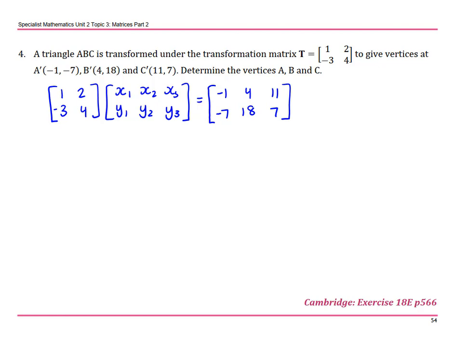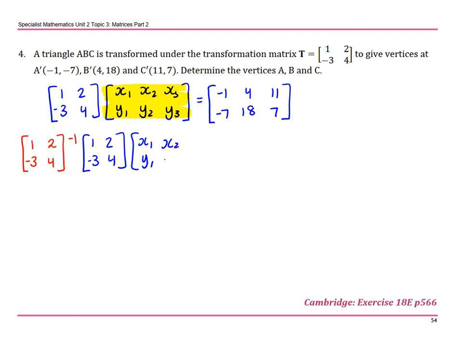So we're going to have to pre-multiply by the inverse. So we're trying to get this on its own. That's the goal. Pre-multiply on the left, we need to pre-multiply on the right.